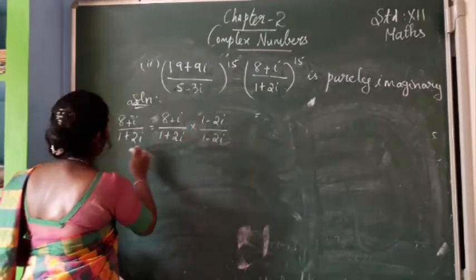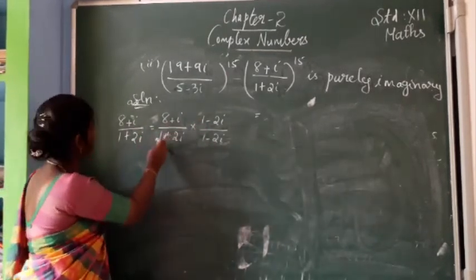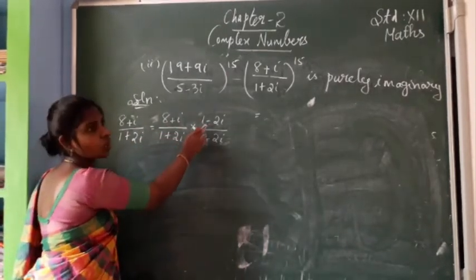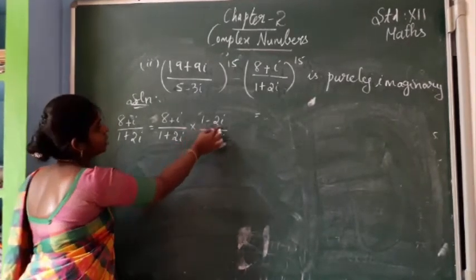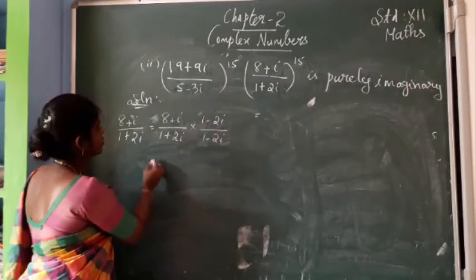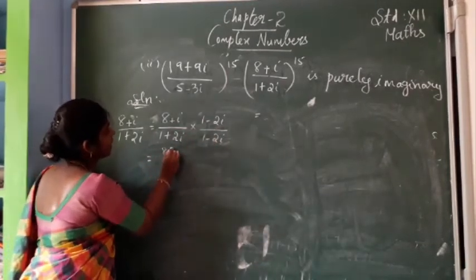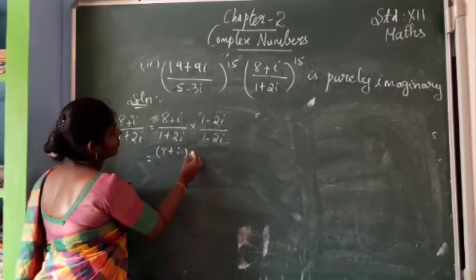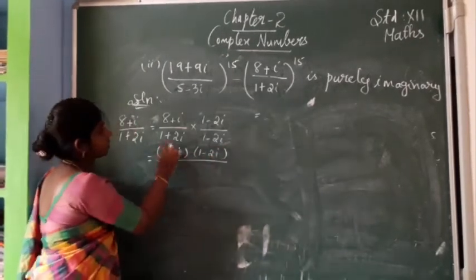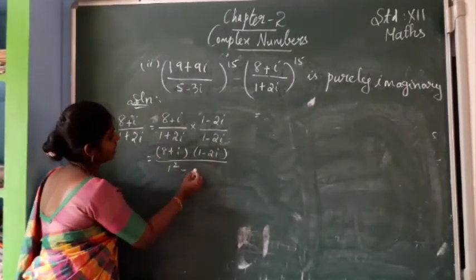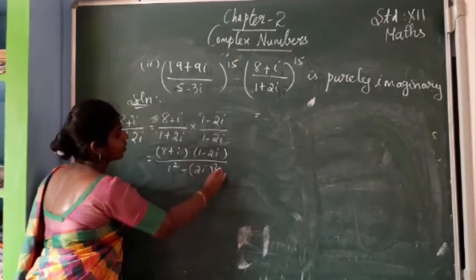So plus (8 plus i) divided by (1 plus 2i) into 1 minus, we have to take the conjugate. So 1 minus 2i divided by 1 minus 2i, that's equal to (8 plus i) into (1 minus 2i) divided by, so 1 square minus (2i) whole square.